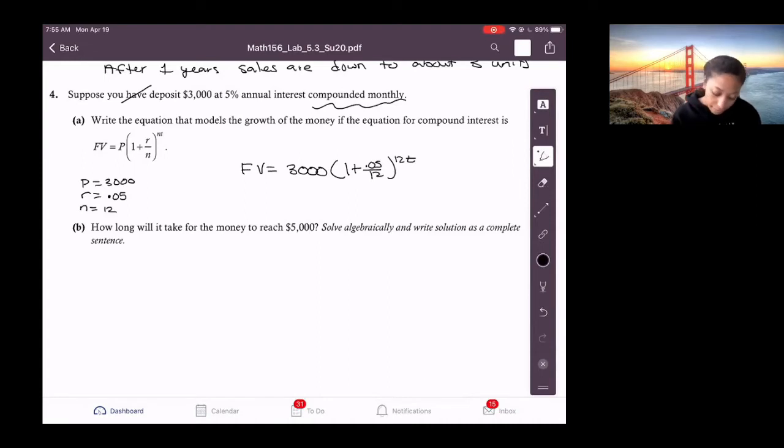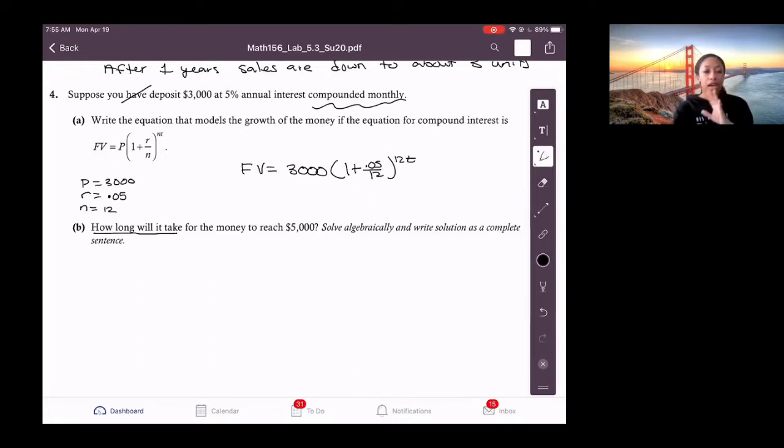All right, part B, how long will it take for the money to reach $5,000? So in these types of problems, when you're asked to find the time or the length of time, notice the value of t is in the exponent. So you're asked to solve an exponential equation here.